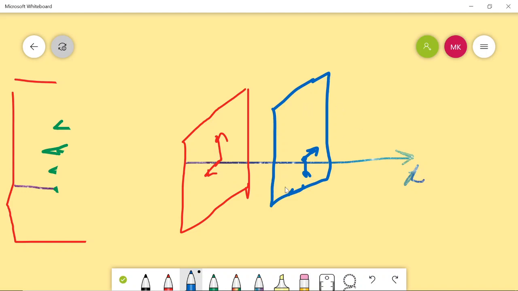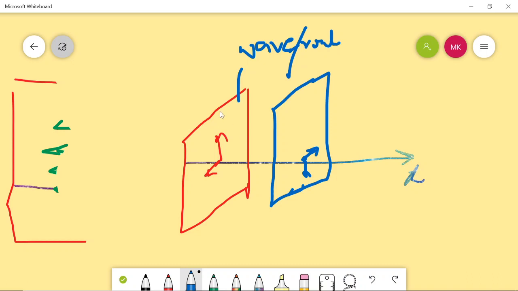This plane is called the wavefront. Generally we call wavefronts the locus of points which have the same magnitude of the electric field or the same magnitude of the magnetic field. So these are called wavefronts.